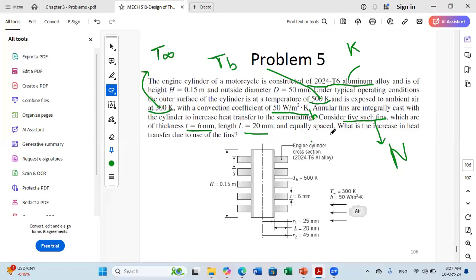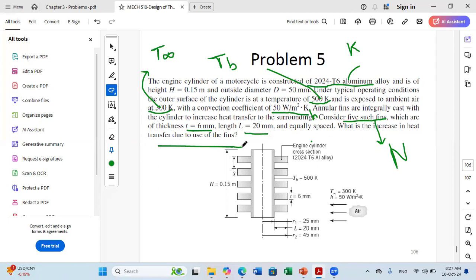And they are equally spaced over the cylinder. What is the increase in heat transfer due to the use of the fins? So we want to calculate the increase in heat transfer.